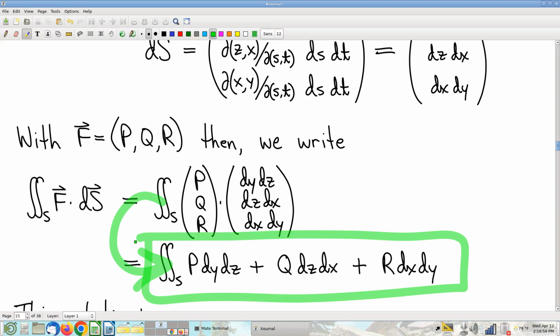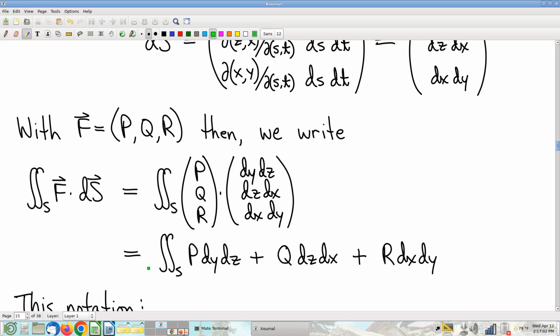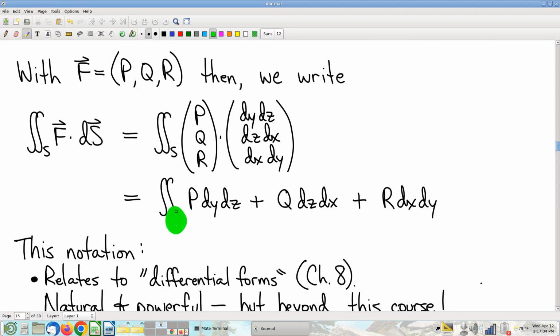And it's a weird notation. It's particularly confusing because, wait a minute, our domain is a surface that's got some angle to it. It's sitting up in space, and if it's sitting at an angle in space, what do you mean dx dy? This is not in the xy plane.